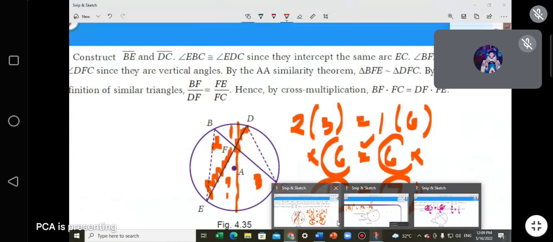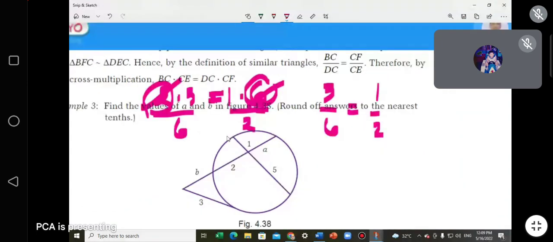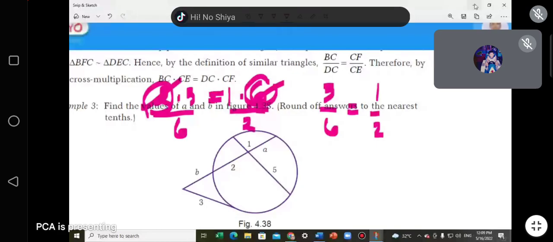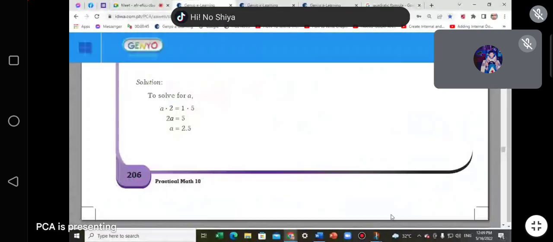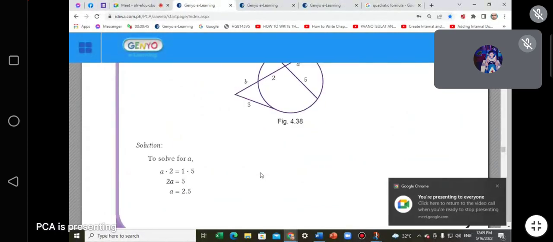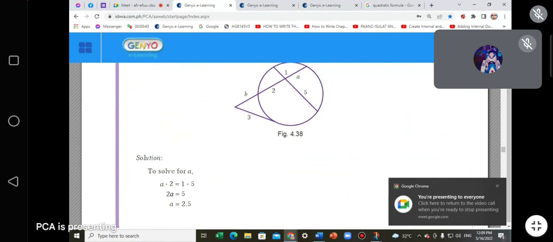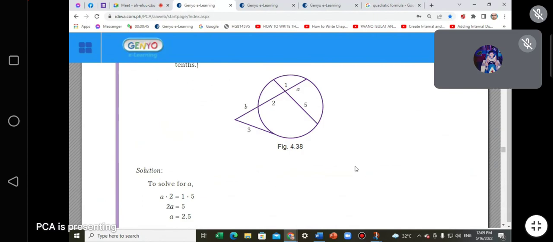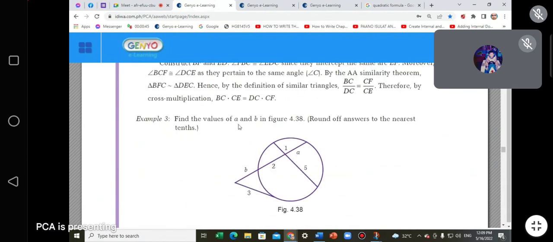Because we are actually looking for the values of A and B. Apply those theorems, no? Okay, sige, tulan na natin to. Okay. So this one, if you are to look for letter A here, this part, okay?